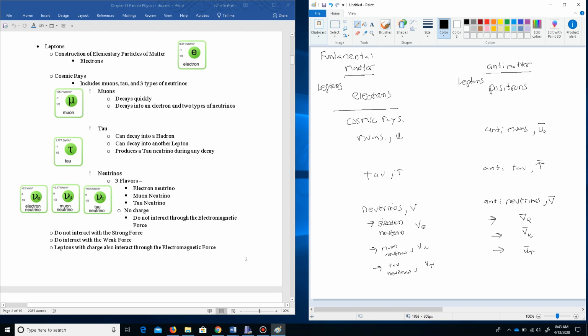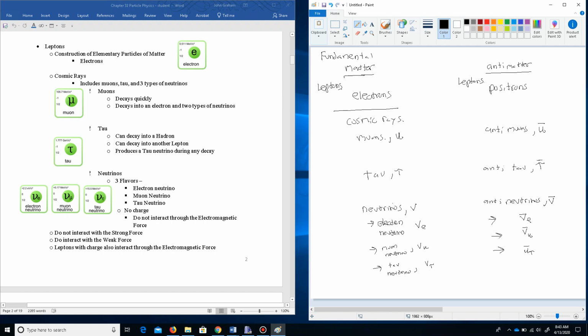And it produces a tau neutrino during any decay, which is one of the flavors of neutrinos. And so we have the three types of neutrinos, and they do not interact with electromagnetic forces, so they don't have any charge.